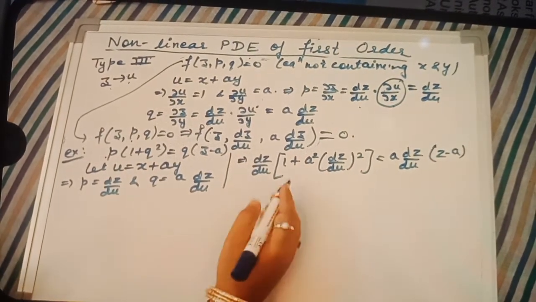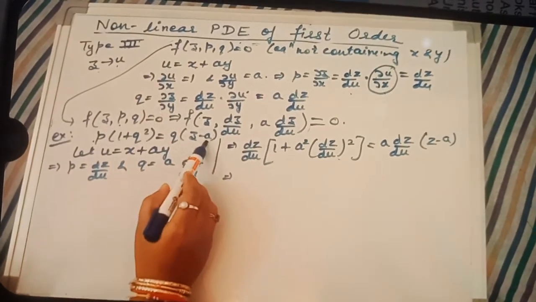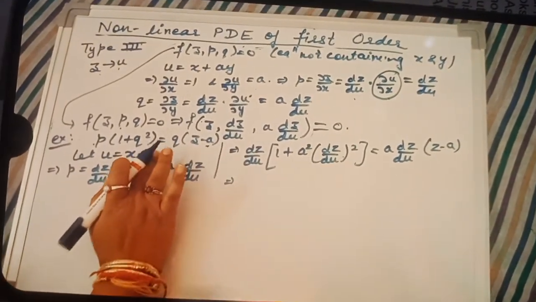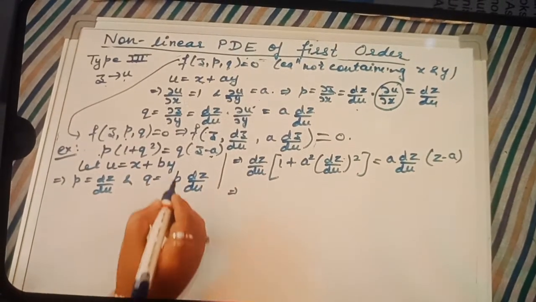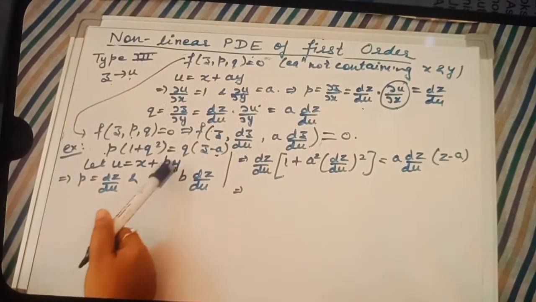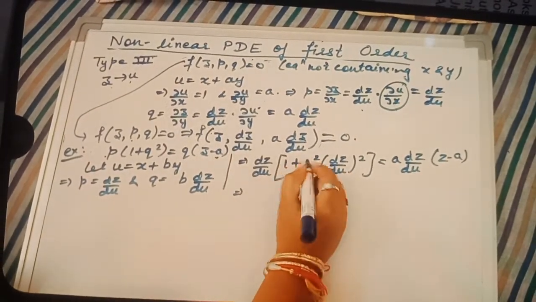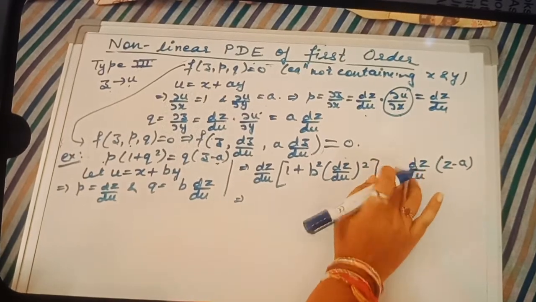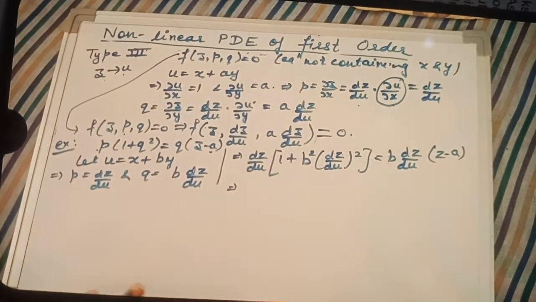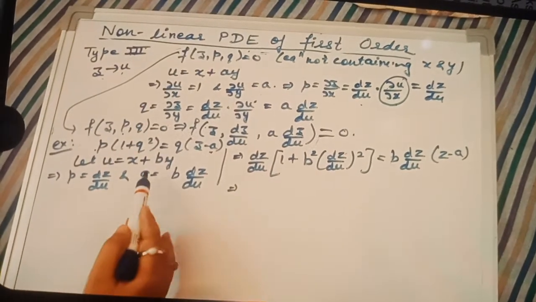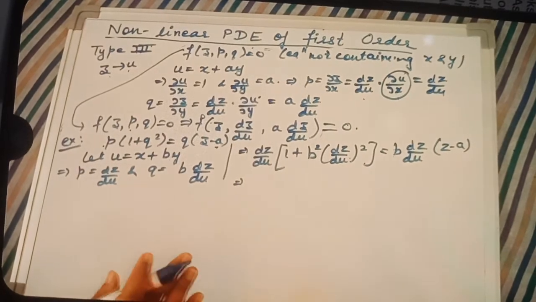Since we have a in this question, instead of ay we can take by, because it can cause confusion if we take a in both places. So I am just putting b in place of a. Here you have the a, so that you can differentiate where we are taking the variable and where we already have the constant.